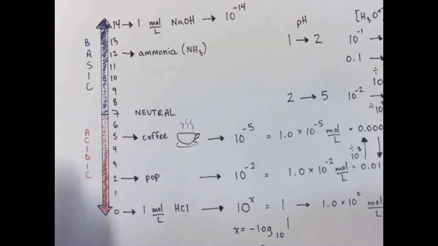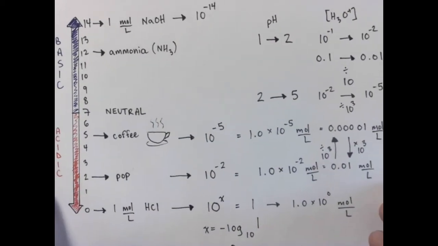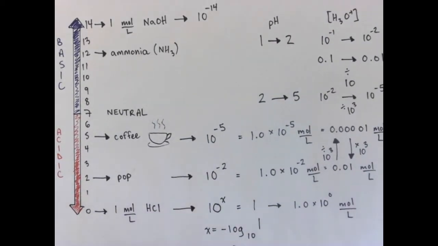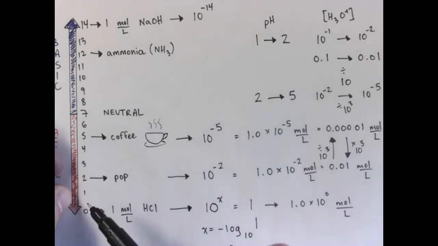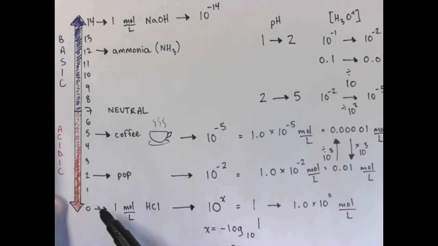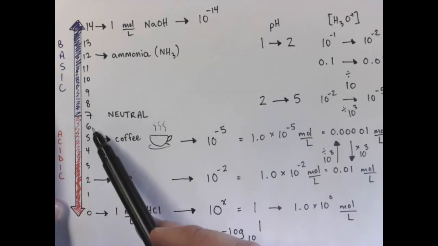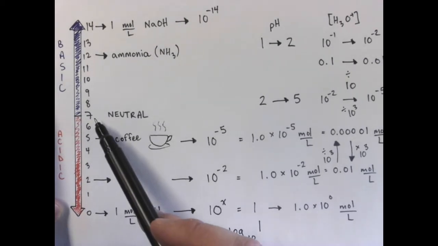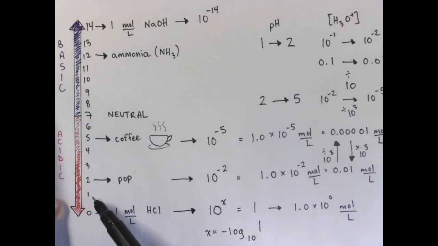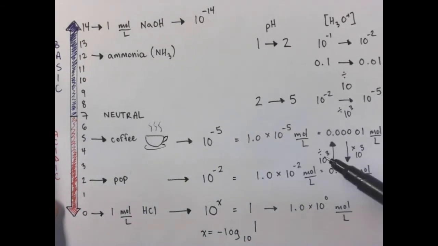All right, so to summarize, because this is a logarithmic scale and it's representing exponents, you need to view each change of 1 between exponents here as a 10-fold increase or decrease in the hydronium concentration.